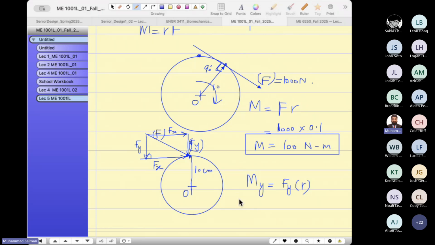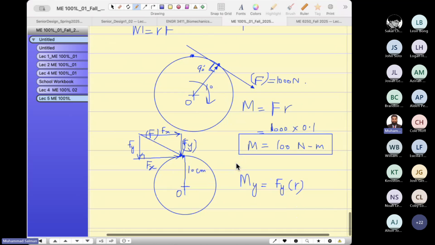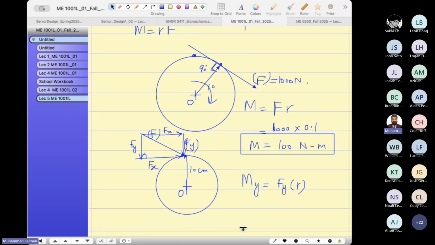I need 2 or 3 more students. What is the r value or the moment arm for the Fy, which is the vertical component of the resultant force F? John says 0. I need 2 or 3 more students.